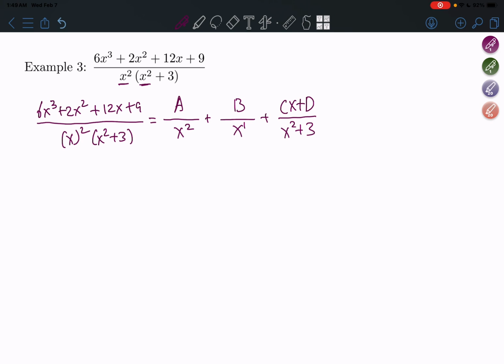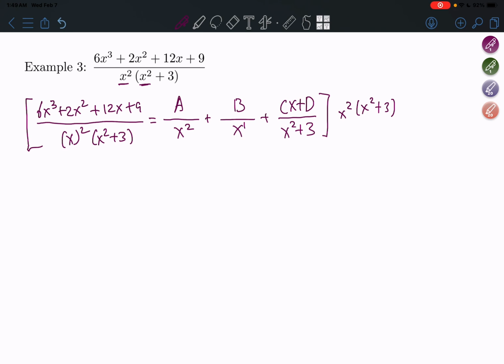Now, for this problem, we're going to apply this. Actually, no, not quite yet, because the next step should be multiplying both sides by the original denominator, x squared times x squared plus 3.